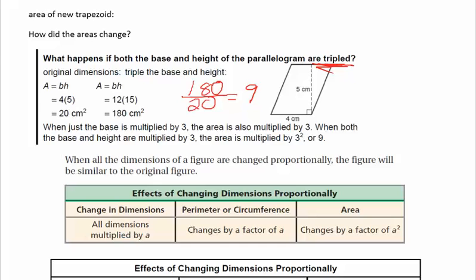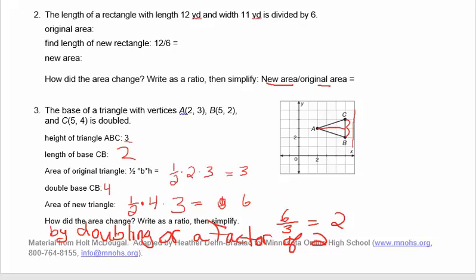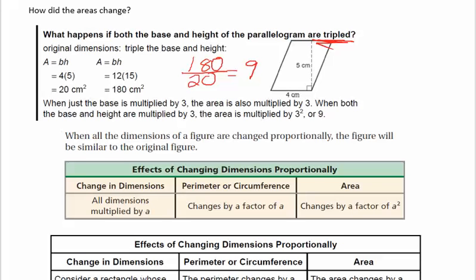So in these first problems, the way that the area changes is equal to how you changed one side. If we doubled one side, the area doubles. But if you multiply all the dimensions of a figure by a number, then the area will be that amount squared. So 3 squared is how the area will change.